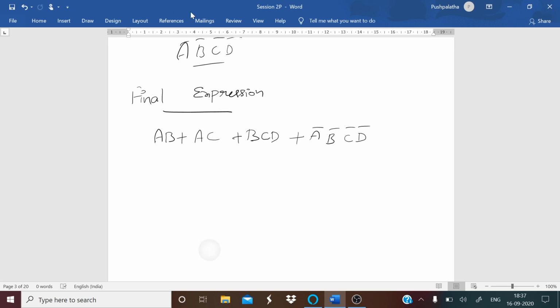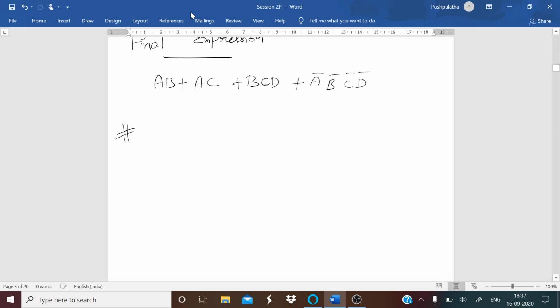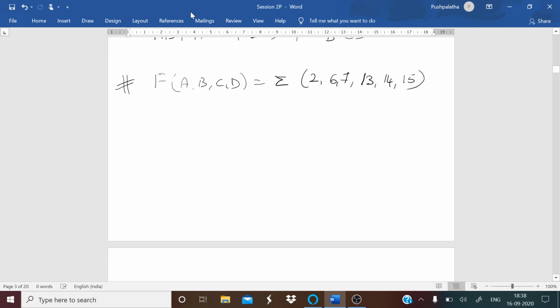Okay, so let us go for one more problem. Draw the K map for the function A, B, C, D is equal to sigma 2, 6, 7, 13, 14 and 15.